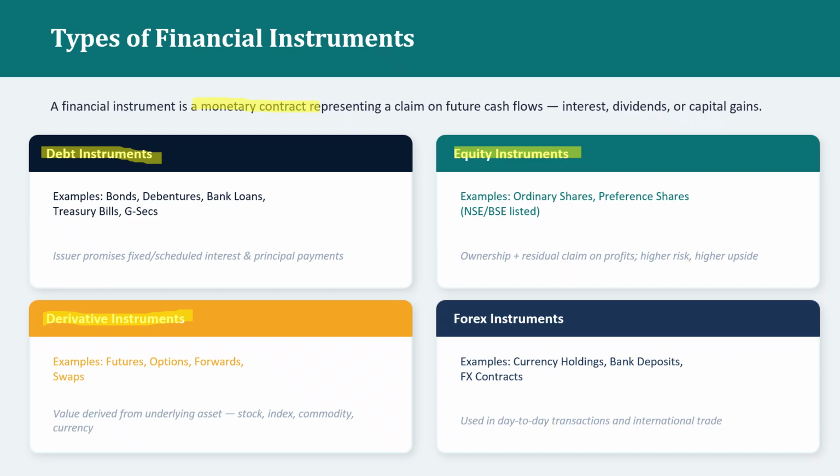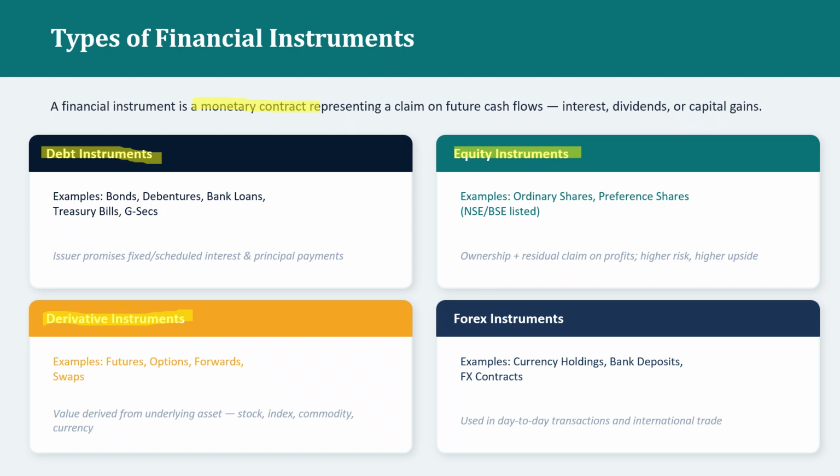So common examples are futures, options, forwards, and swaps. These instruments are often used to hedge risk, for example, to protect against changes in prices or exchange rates, or to speculate and take leveraged positions based on expectations of future price movement.